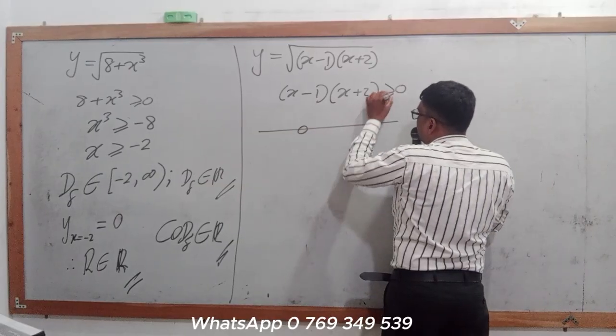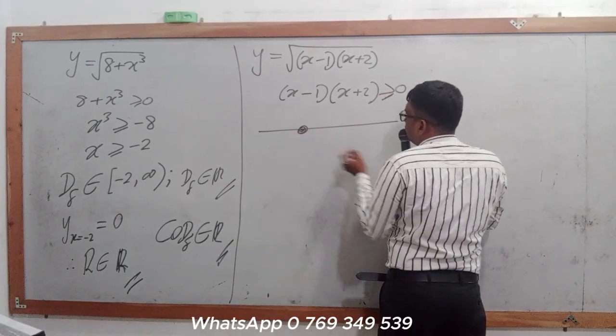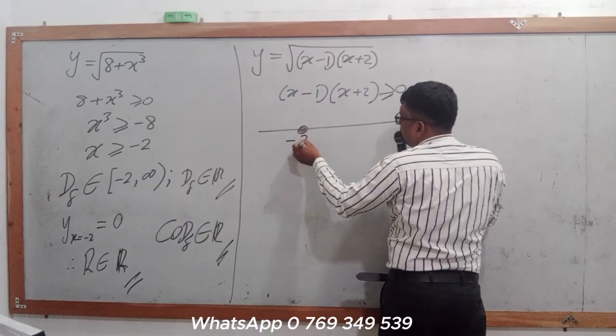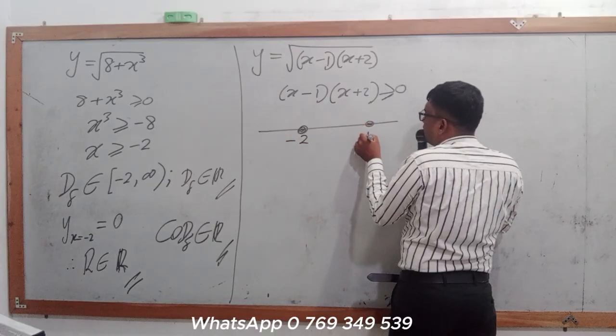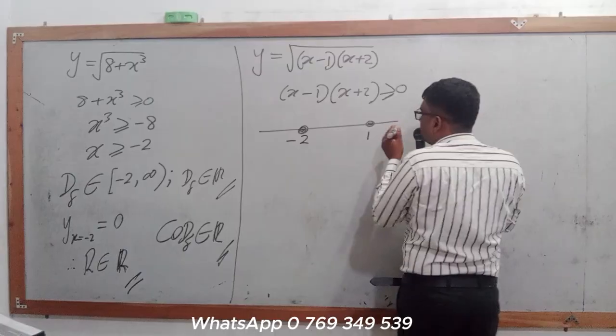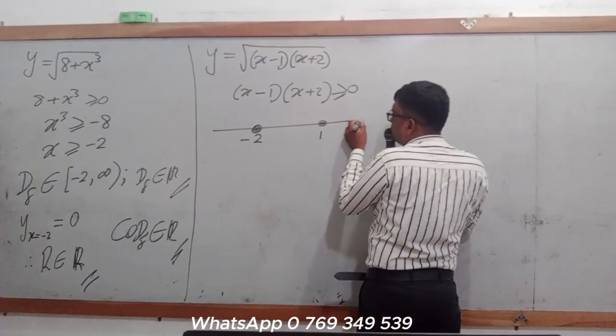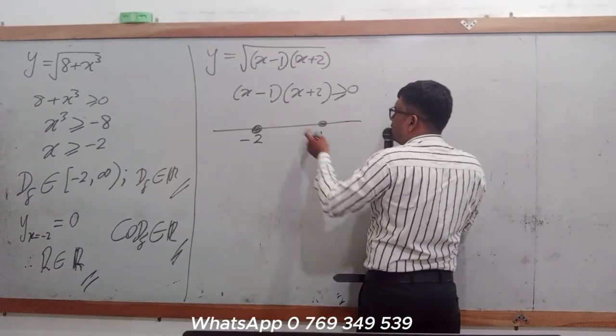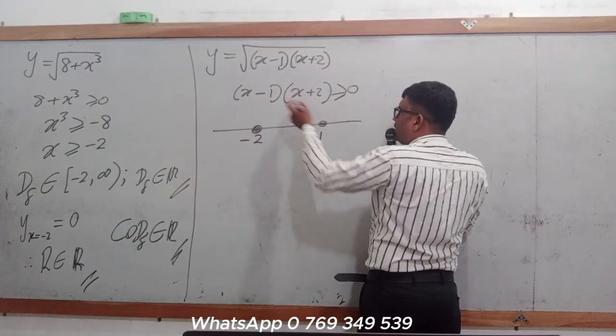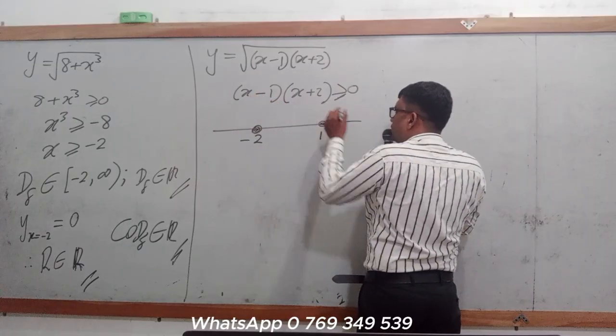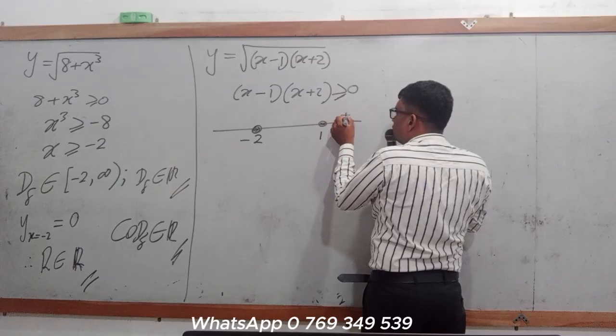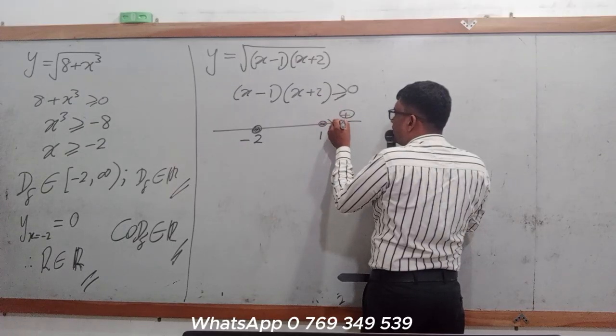Here we have an equal sign, therefore this is colored at minus 2, and this one also colored at 1. We need two positive values, right? You can take more than 1. We can take 2 here, positive, and here also positive. Therefore, this range is positive, and we can color it like that.